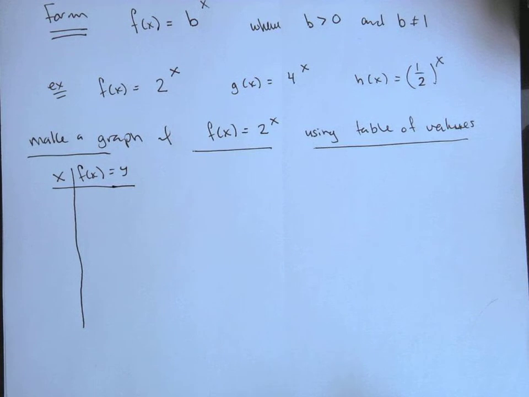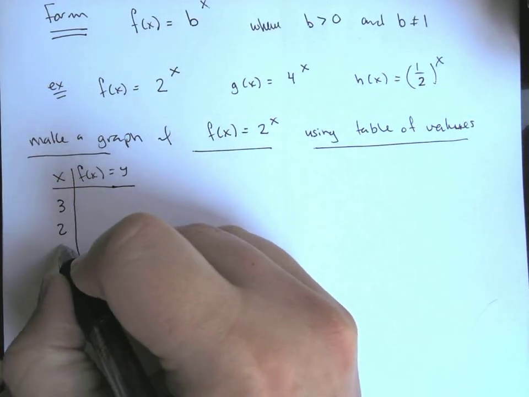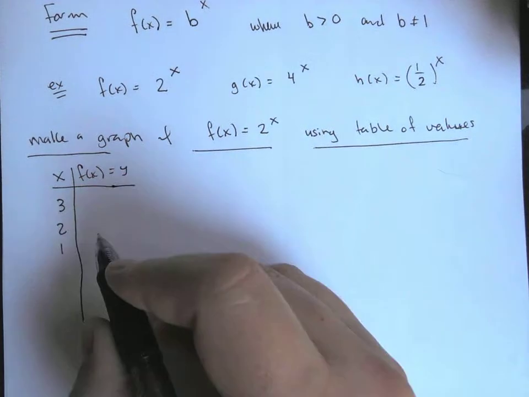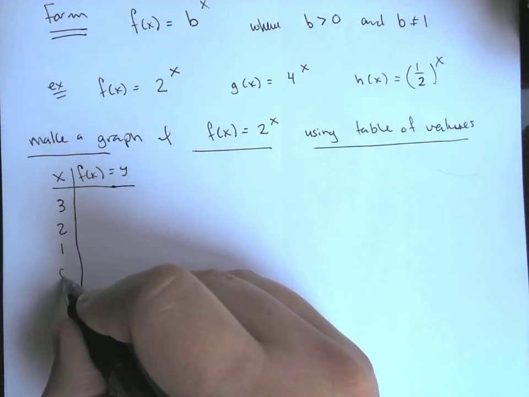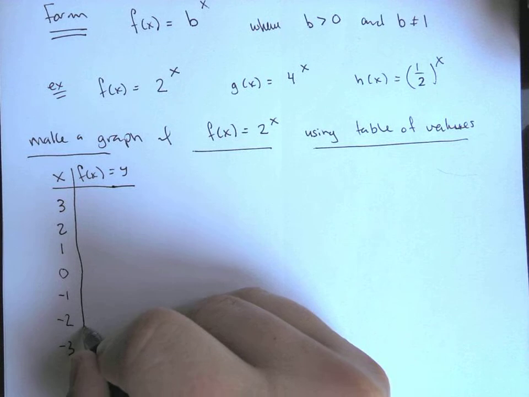We could start with 3, 2, 1. We could do fraction exponents, but we're not necessarily going to need them, so I'm going to ignore them for now. So let's just do 3, 2, 1, 0, -1, -2, -3.